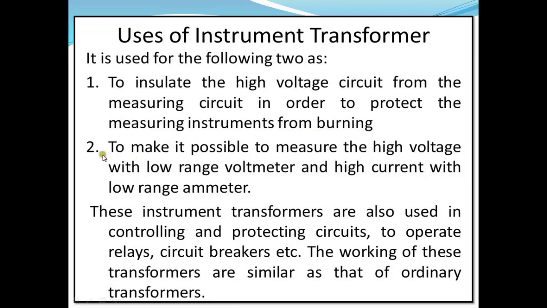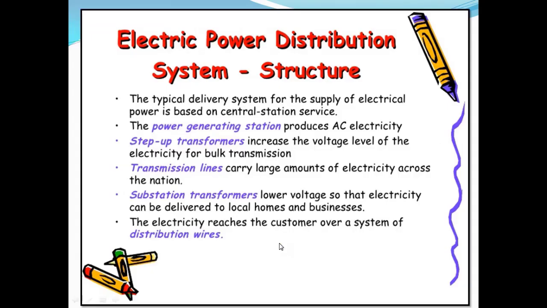The other is to make it possible to measure high voltage with a low range voltmeter and high current with a low range ammeter. These instrument transformers are also used in controlling and protecting circuits, to operate relays, circuit breakers, etc. Their working is similar to that of the ordinary transformer.